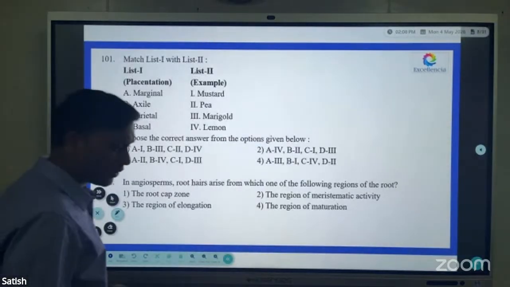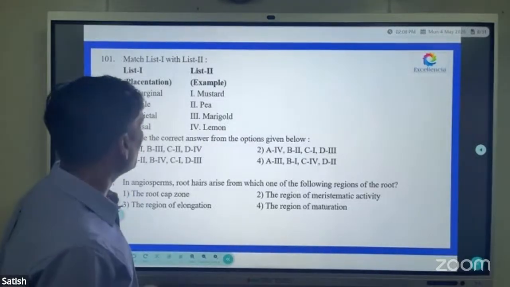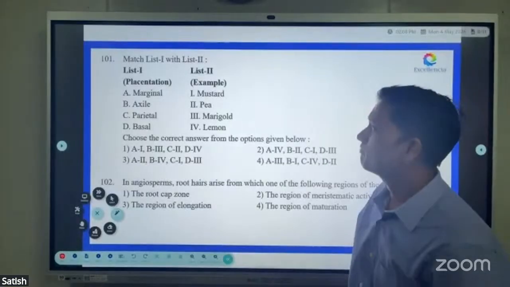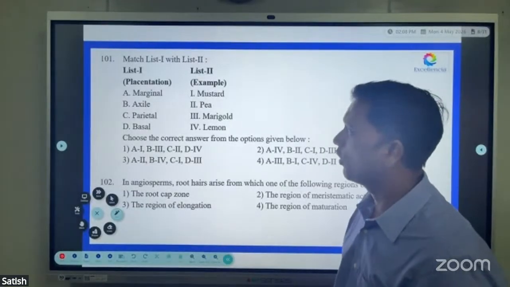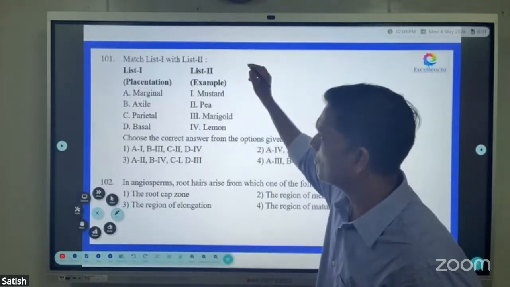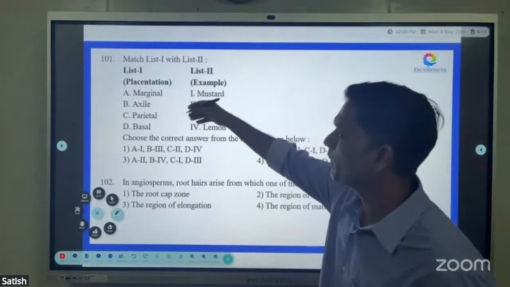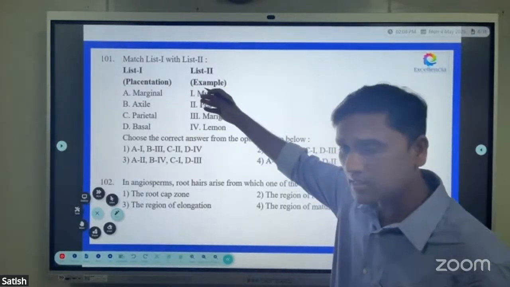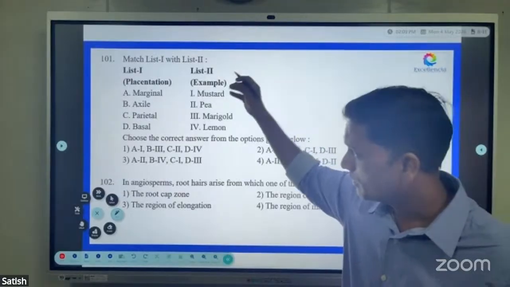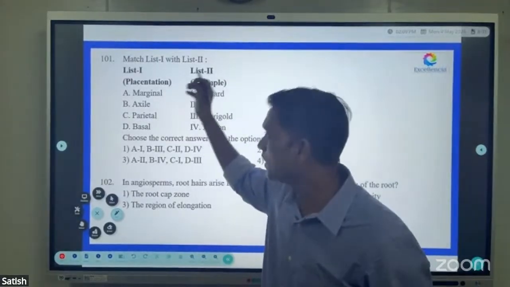Next question, 101 question. It is related to morphology of flowering plants. Placentation. The topic is placentation. So arrangement of ovules within the ovary or placenta is called placentation. So types of placentation they mentioned here: marginal placentation, axial placentation, parietal placentation, free central placentation, and basal placentation.